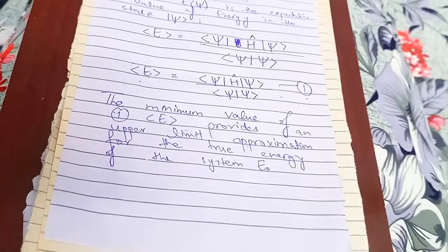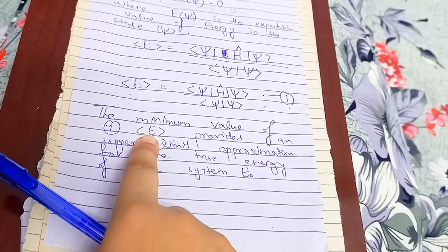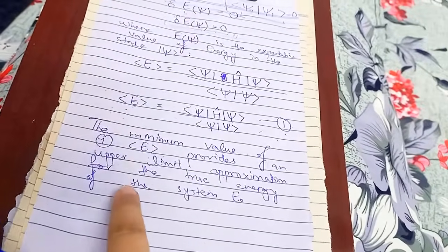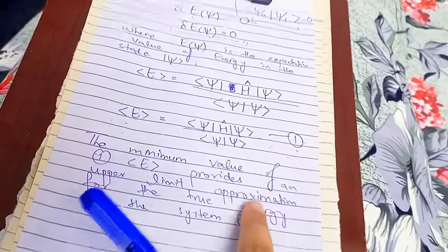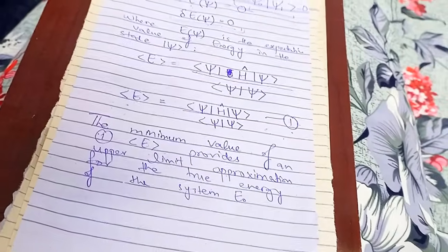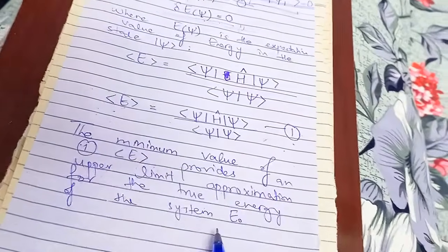So the minimum value of E that we get from this variational scheme gives you the upper limit approximation of the true energy of the system, because, as I told you, it's not necessary that the E you get from this method is equal to the true energy.